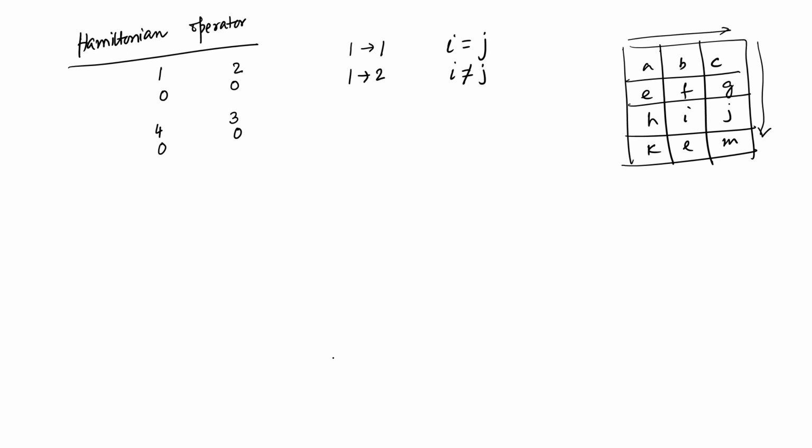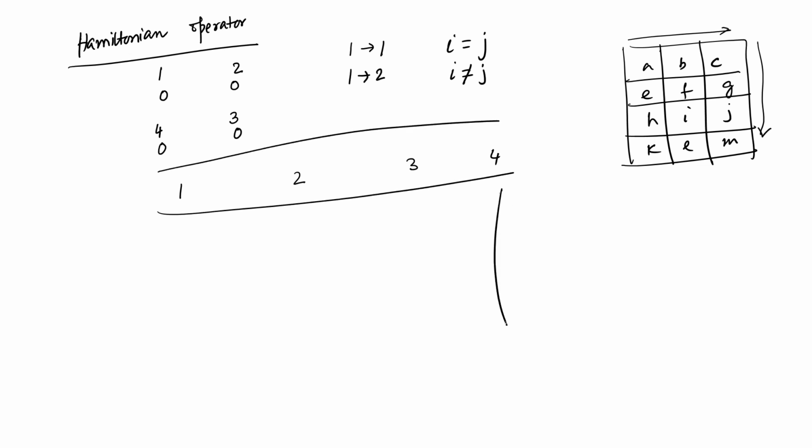Okay. And it is very easy to see that I can write this down as 1, 2, 3, 4. So, this will form my basis, which are nothing but the positions in real space in this particular case, say for example.